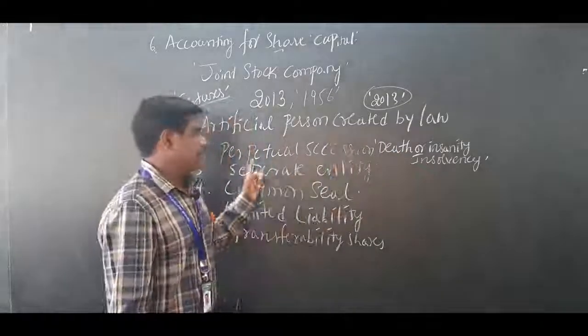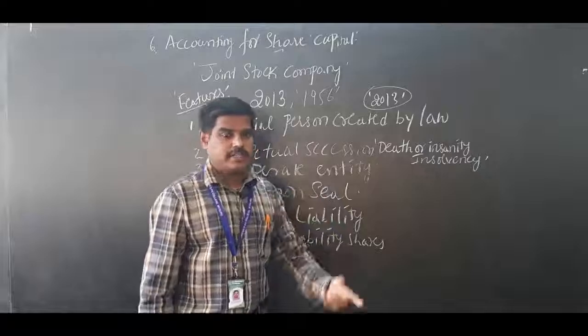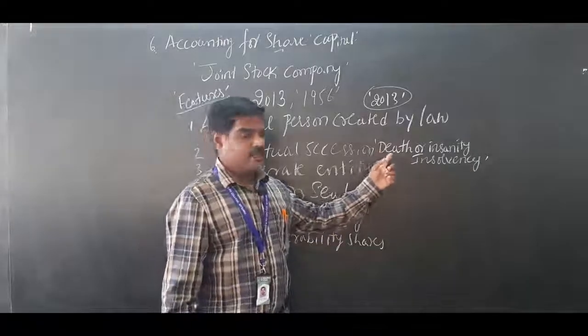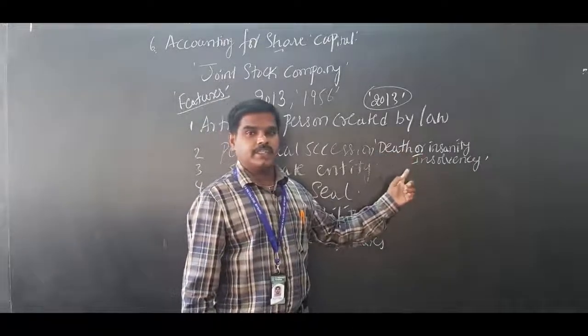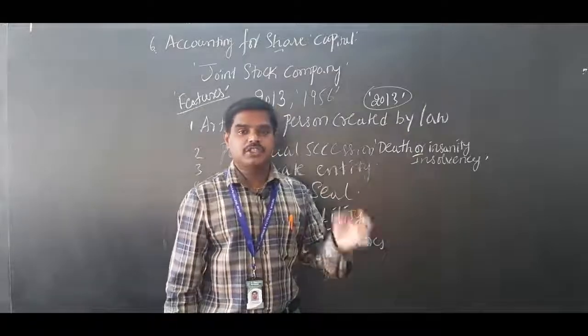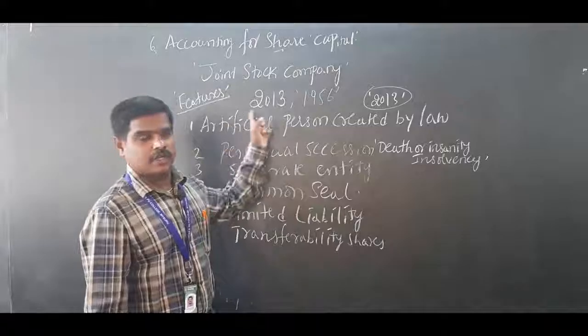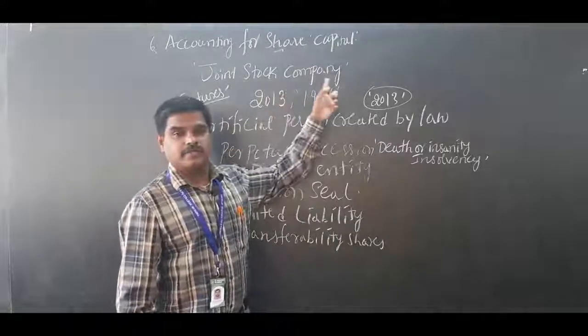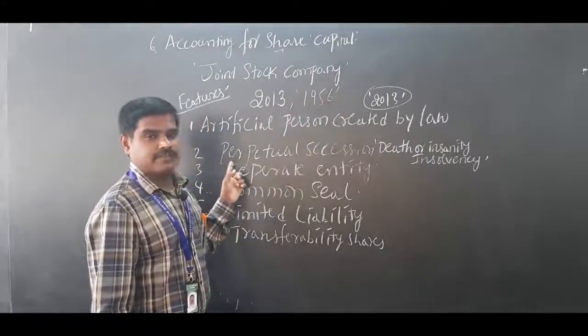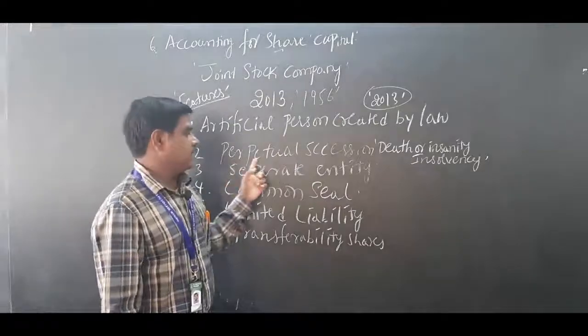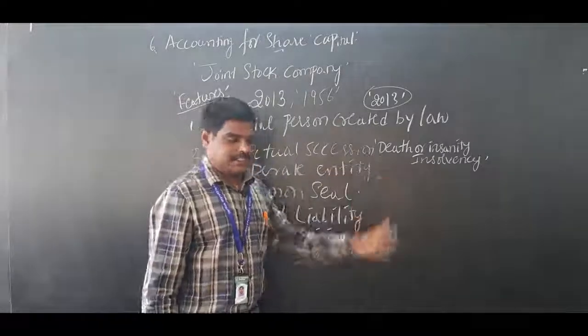That is perpetual succession. So death, insanity or insolvency of any shareholder will not affect the running of the joint stock company. So that is the second feature of a joint stock company, perpetual succession.